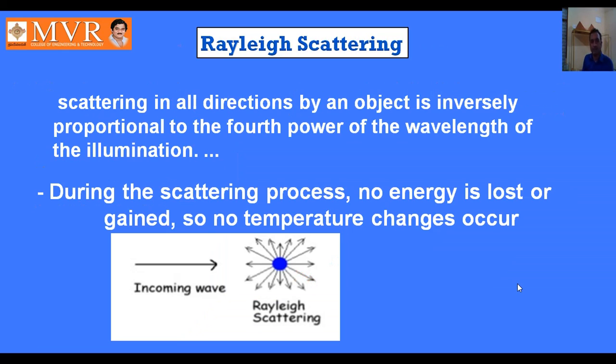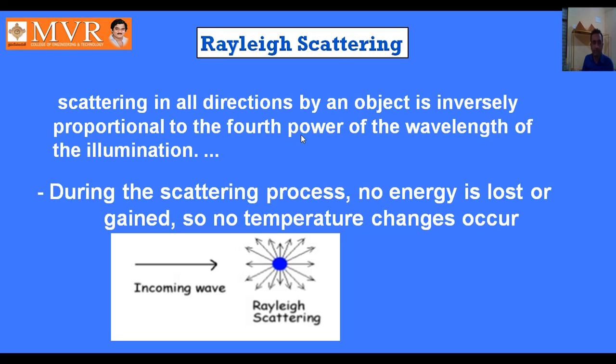Rayleigh scattering: according to Rayleigh theory, scattering in all directions, the scattering of the object is inversely proportional to the fourth power of the wavelength of radiation. During the scattering process, no energy is lost nor gained, and no temperature changes.